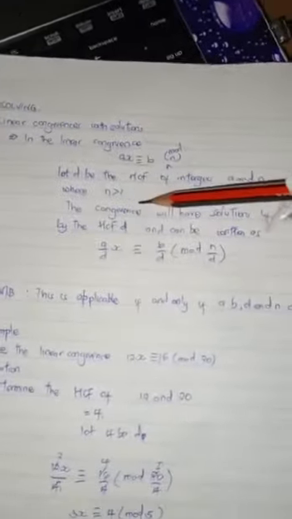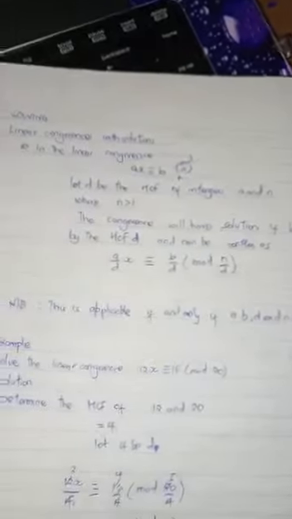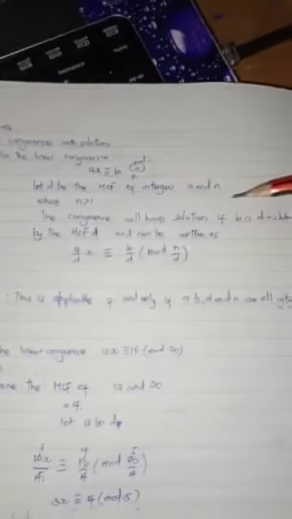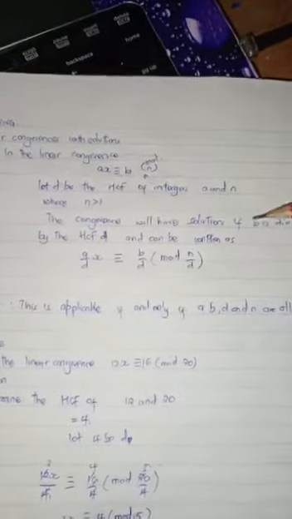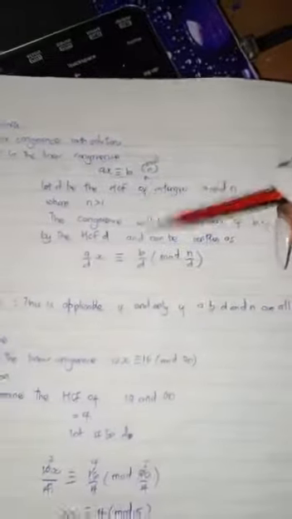It's the same thing as finding solutions to linear equations, like finding the value of x. So for linear congruences with solutions, we will have to find the HCF of integers a and n, where the value of n is greater than 1. The congruency will have solutions if b is divisible by the HCF d.